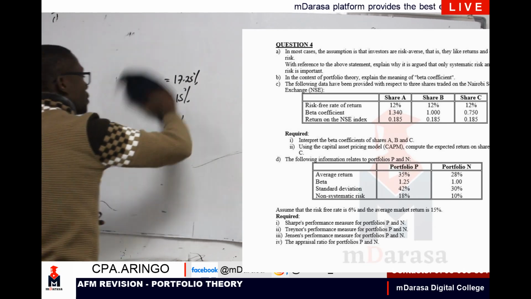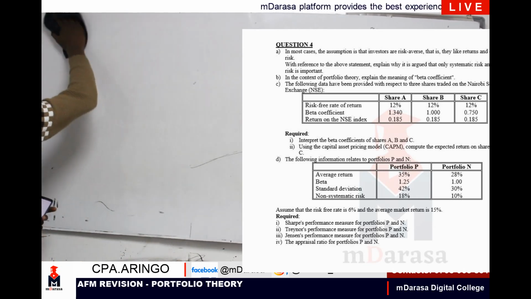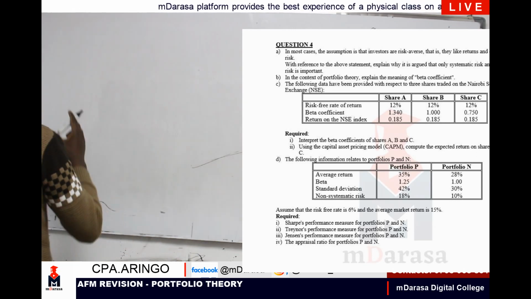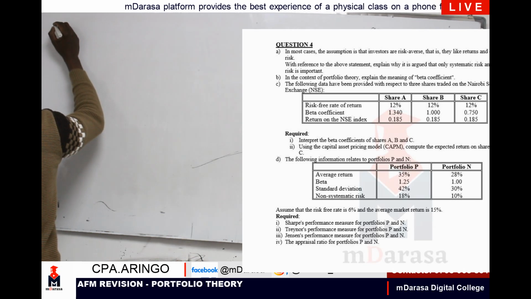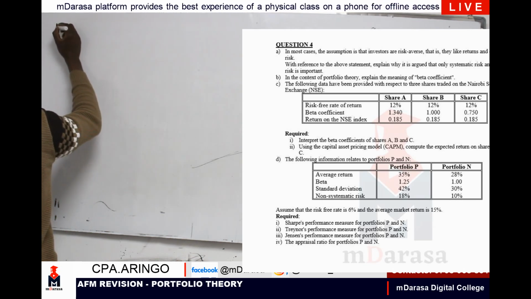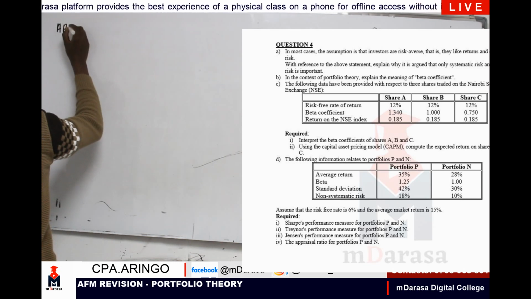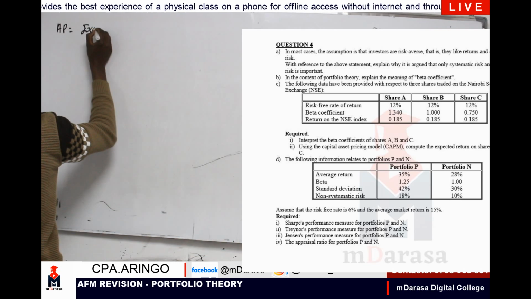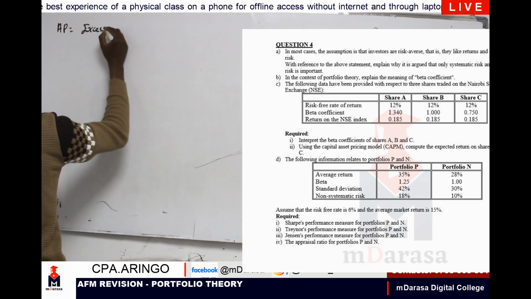Allow me to erase this because I know we have it now. Talk about the appraisal ratio. We normally tend to talk about excess return.